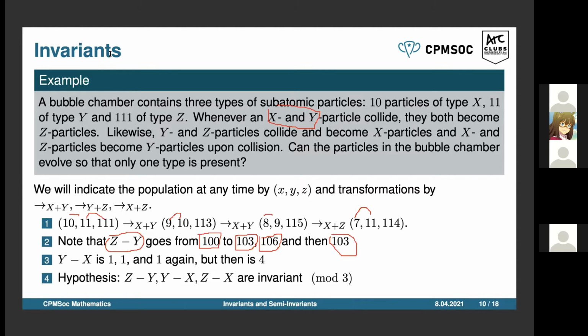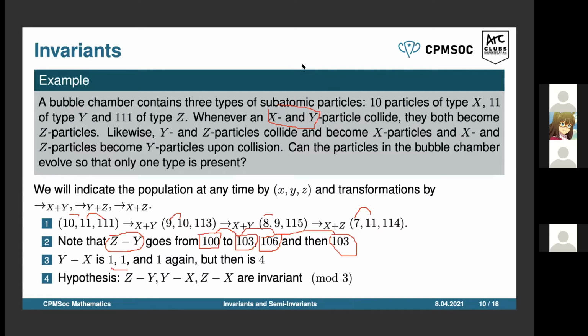So what do we see about these numbers? We can see 100, 103, 106. So you're going up by 3 each time, and you're going down by 3 over here. And over here, you have 3 1s, and you're going up by 3 to get to 4.